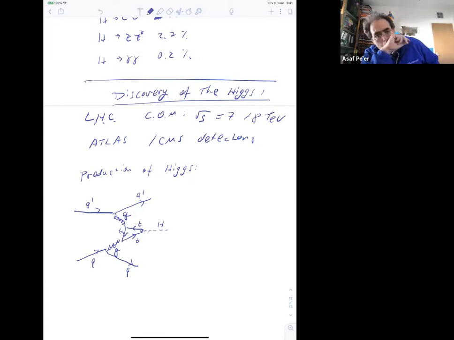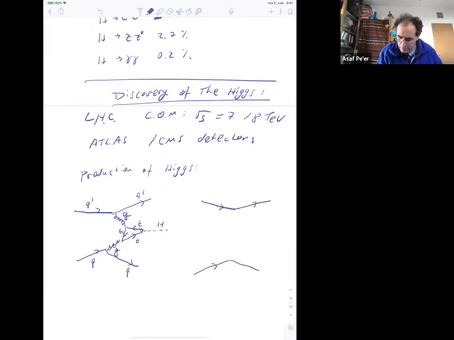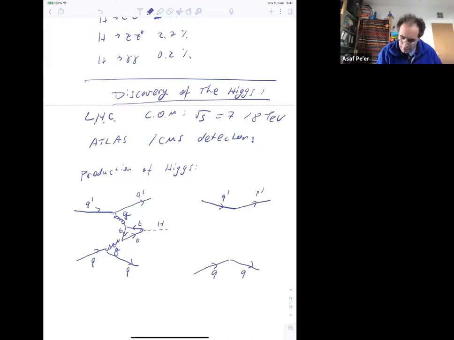The other way of doing it is via the W's. Q and Q prime, and then W, and they both produce the Higgs.